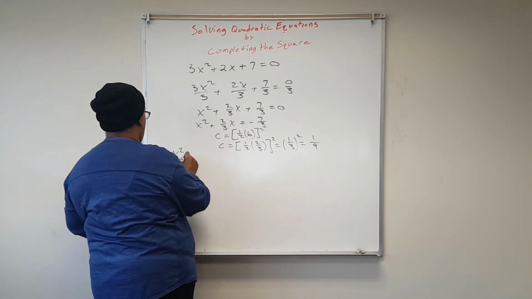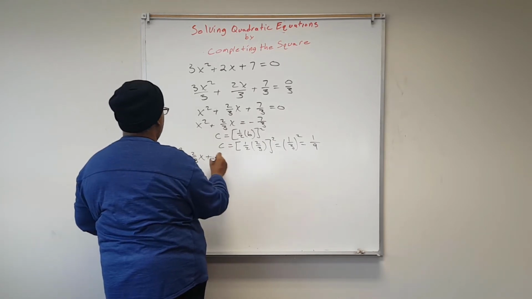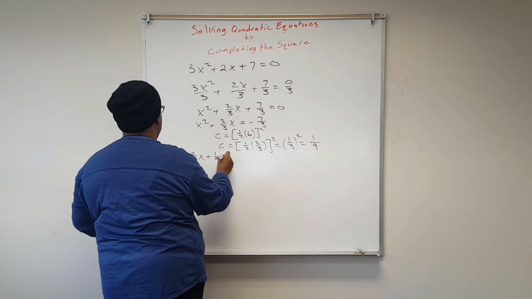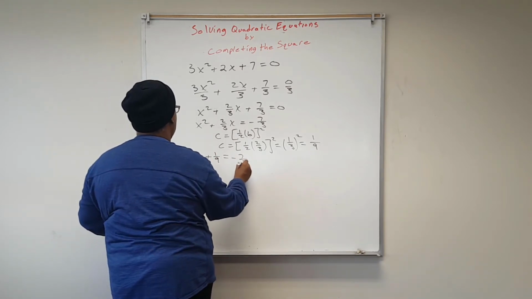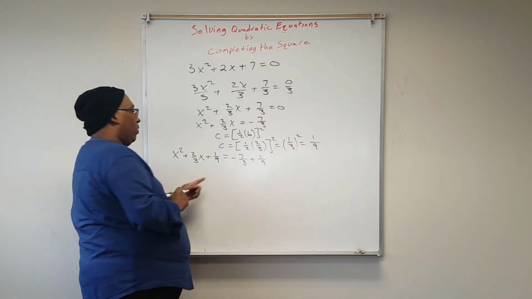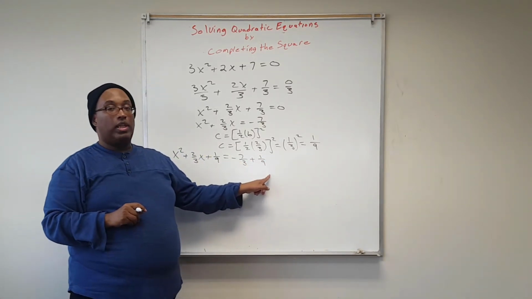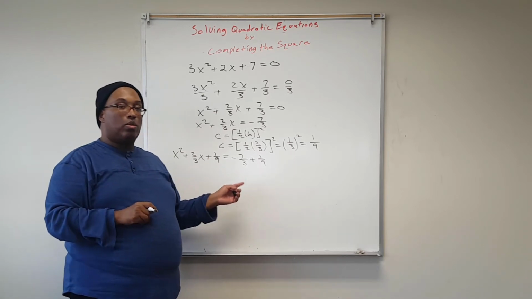x squared plus 2/3 x plus 1/9 equals negative 7/3 plus 1/9. Whatever you add to one side, you have to add to the other. The reason we added this is so we can have a perfect square trinomial.